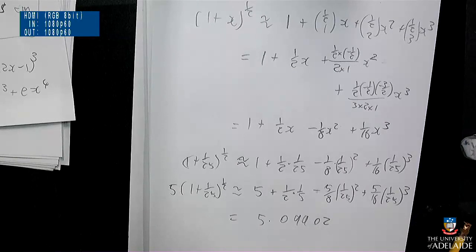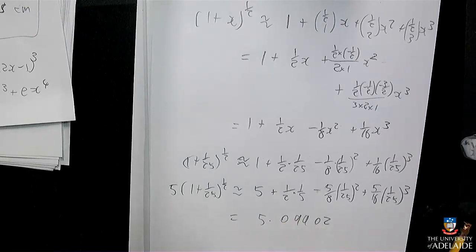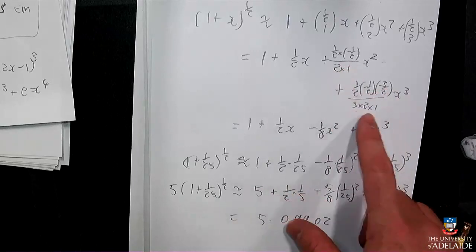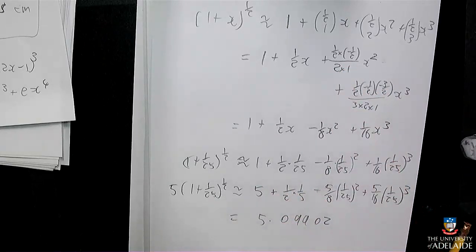This is good. We got it to 4 decimal places, and we were only 0.0000001 out. So we did really quite well. So that's the binomial series that can be used for that. And the point of it is that you don't have to do all the derivatives. You can just use this mnemonic to help you figure out what the coefficient would have turned out to be.